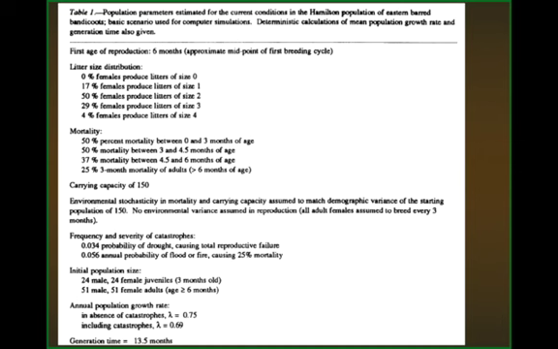One of the tables that you want to spend a good bit of time looking at is Table 1. These are the population parameters that they estimated, okay? And it just goes through and tells you what parameters they included in their PVA model.